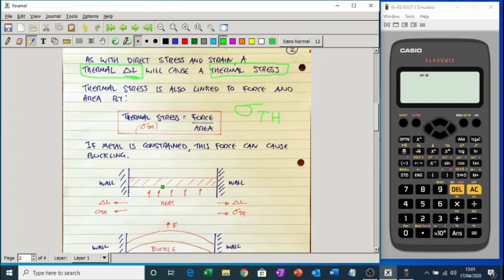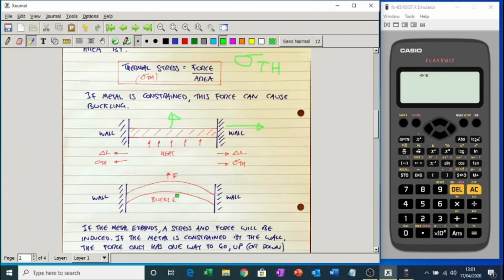So when we heat it up, it's going to have a change in length going this way and a change in length going that way, say. Thermal stress that way and thermal stress that way. If it can't go this way, it's got to go some way. It's got to expand. And if the force can't go that way, it's got to come this way. So it's going to go like that. It's constrained, so the force in newtons will cause this thing to buckle.